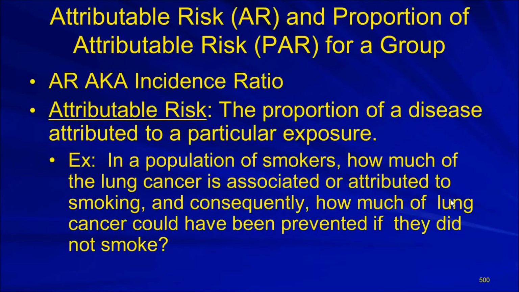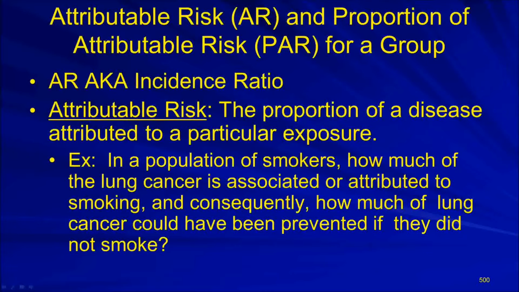And then we'll look at the proportion of attributable risk, which is also referred to as preventive attributable risk. So there's two terms here. So you can think of proportion or preventive attributable risk. Both terms are used for this particular calculation. I use proportion because we're going to calculate a proportion.